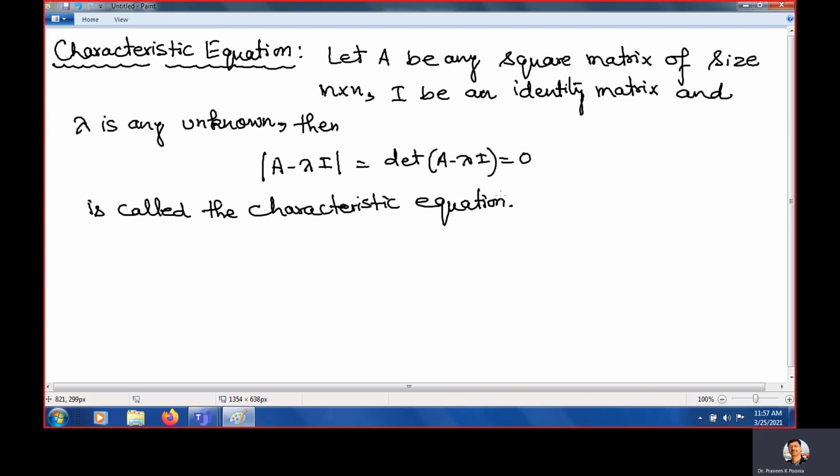Clear? And this is an equation because it is equal to 0. If it is not equal to 0, then an important note you need to remember is that the determinant of A minus lambda I is an nth degree polynomial.